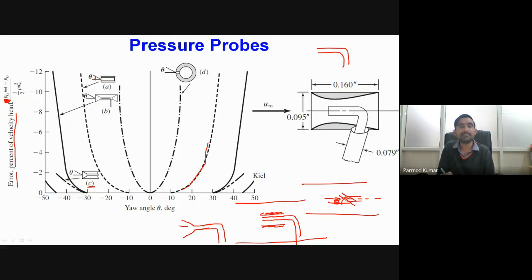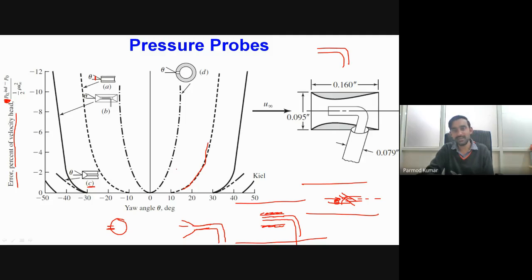Okay. Then apart from that, another arrangement we may have is a tube where, instead of having the hole in the front direction, we create the hole in the circumferential direction. For this type of tube, we will have an error plot something like this.